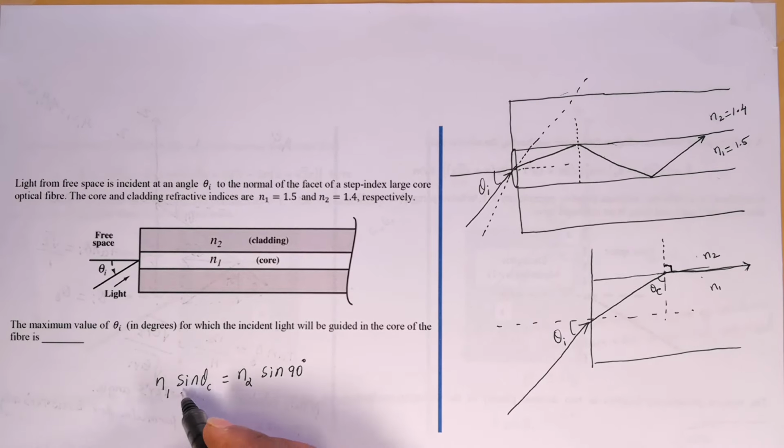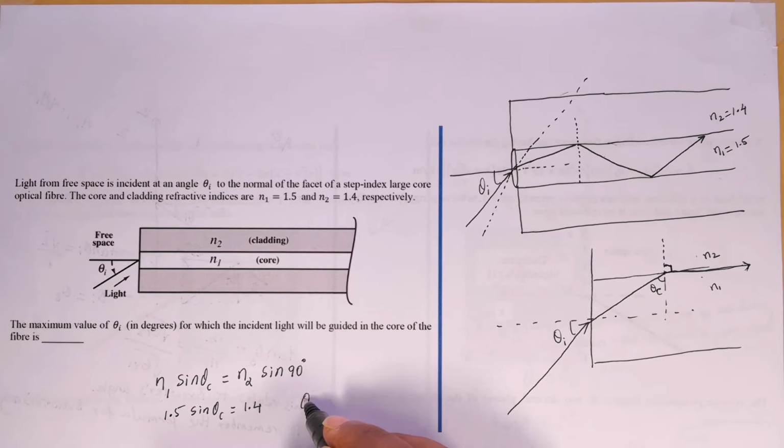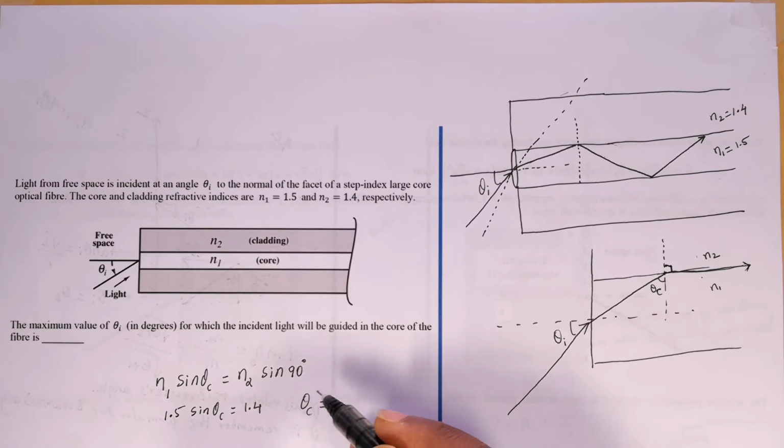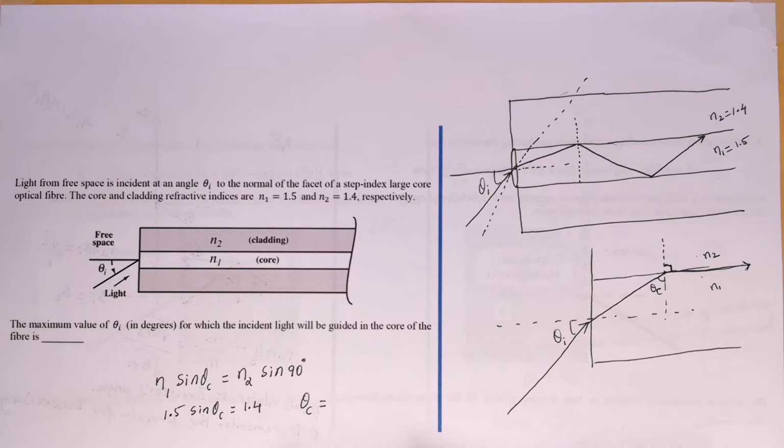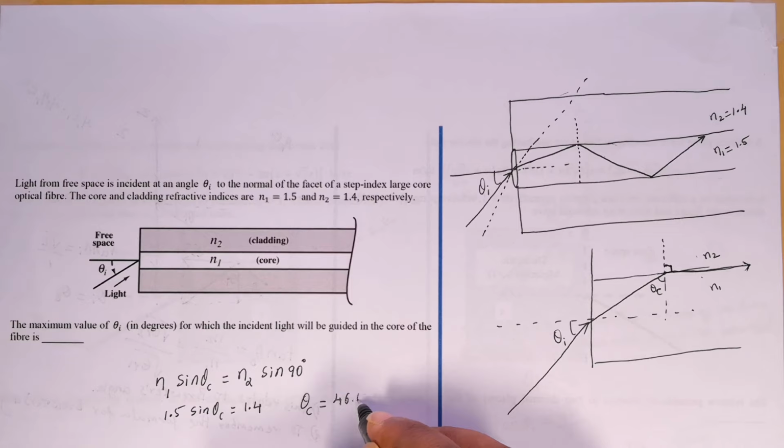So N1, which is 1.5, sine theta c is equal to N2, which is 1.4, times 1. From this we can calculate theta c, the critical angle. I will calculate this in my calculator. Theta c becomes 46.04 degrees. So the critical angle is 46.04 degrees.